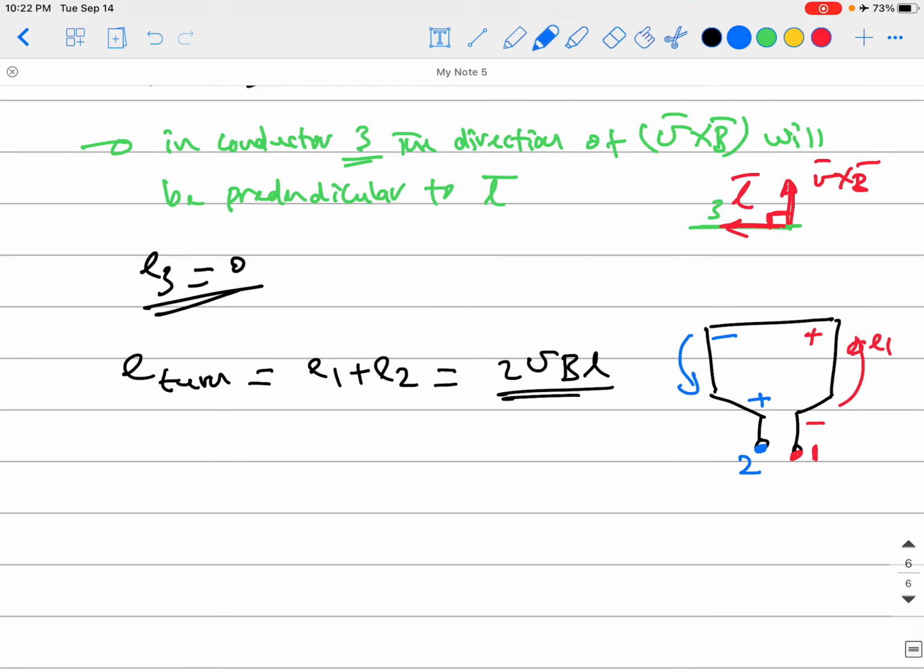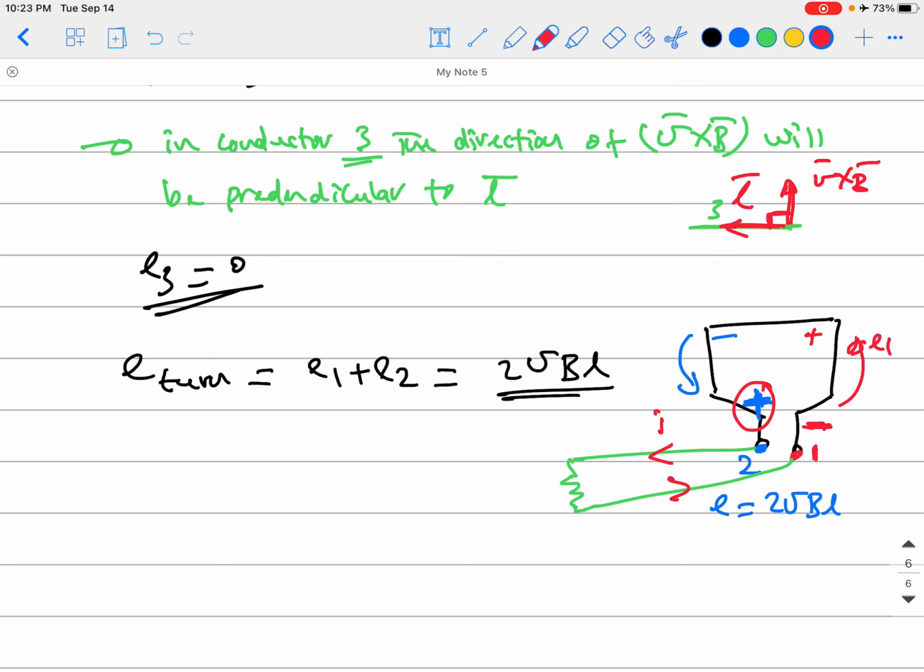So the total induced voltage you will find here, the E of the turn, will be 2VBL with these terminals, that is negative and that is positive. Okay, guys, that means if you apply an external load to these terminals, like a resistance or something, you will have an electric current moving from this positive terminal and coming back to the negative terminal like this.